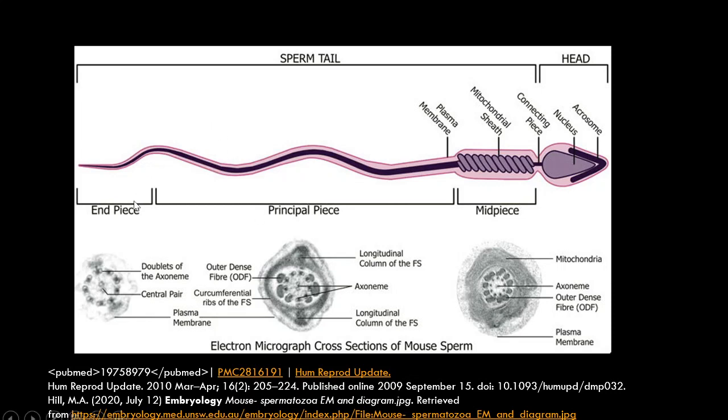If we look at the end piece, here no fibrous sheath is present, no dense fibers are present, only the axoneme is present, the 9 doublets and the singlets. So it is quite thin as compared to the principal piece of the tail.